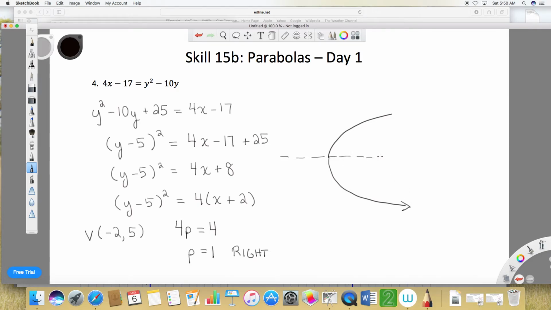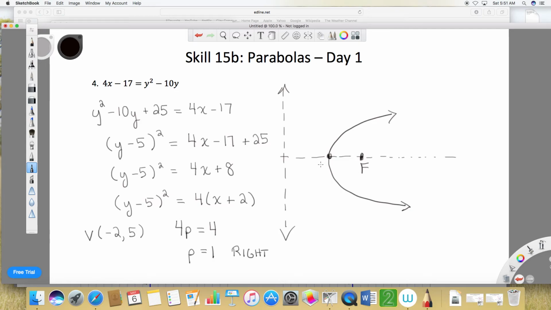It is symmetric with respect to this line that we call the axis of symmetry. We have another line that's perpendicular to that axis of symmetry that's called the directrix. The parabola will always open away from the directrix. And inside the bowl of this parabola is a point that we call the focus.